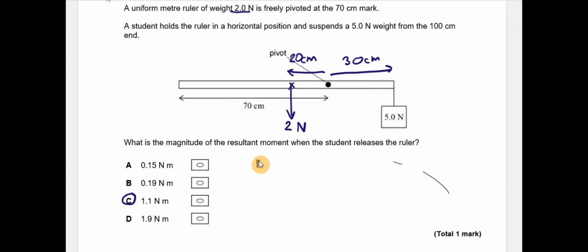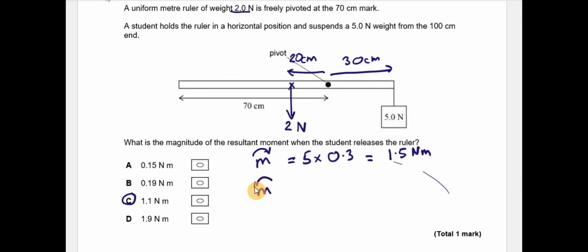So if I first of all look at the clockwise turning moment, which is produced by the mass, that's going to be the weight of the mass, which is 5 newtons, multiplied by the distance from the pivot, which is 30 centimeters, gives me a turning moment of 1.5 newton meters.